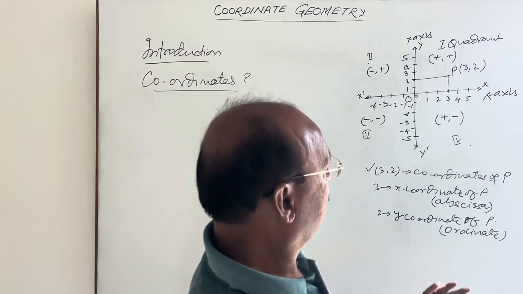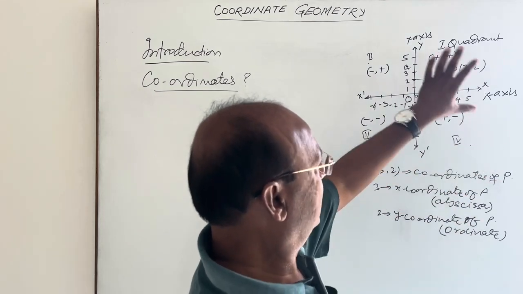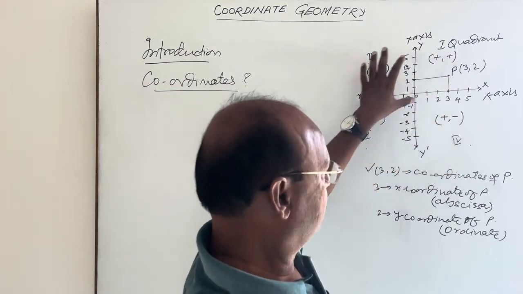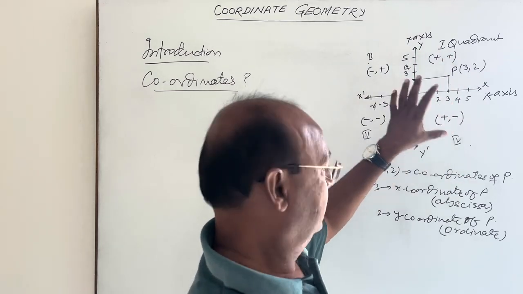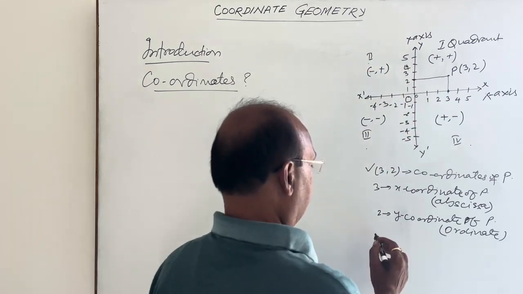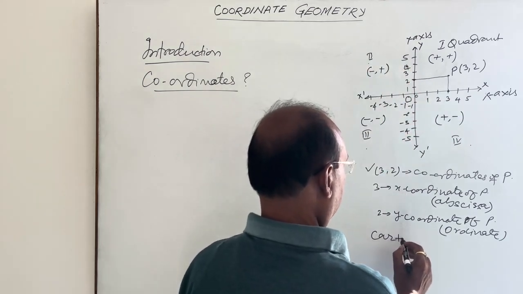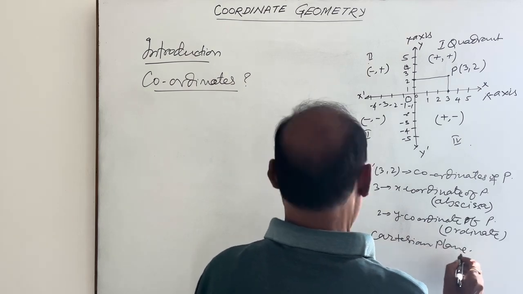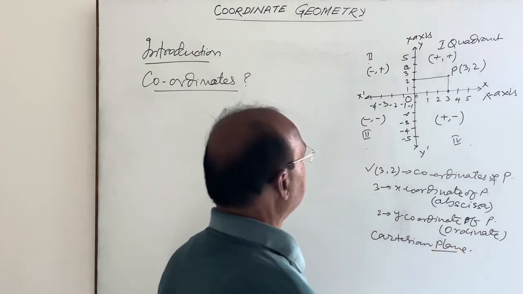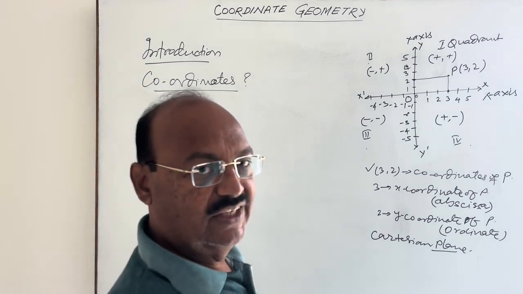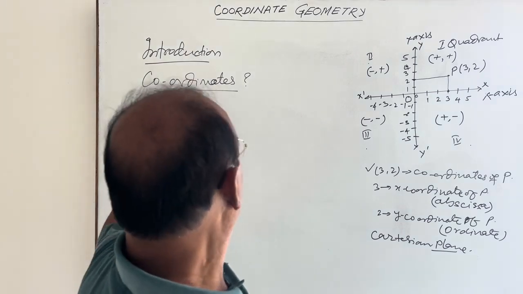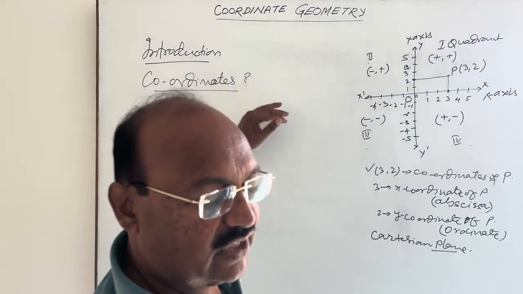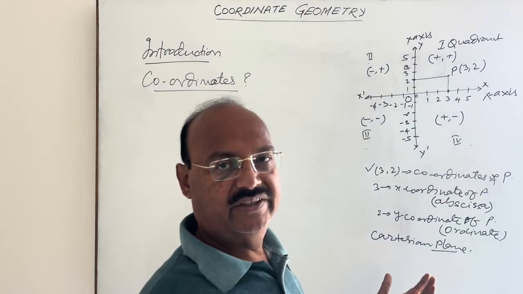Correct? So now this is clear that this system is known as axis system, and this axis system has been drawn in a plane. This plane is known as Cartesian plane. So hope now you have understood what are the coordinates, what are the coordinates of a point.